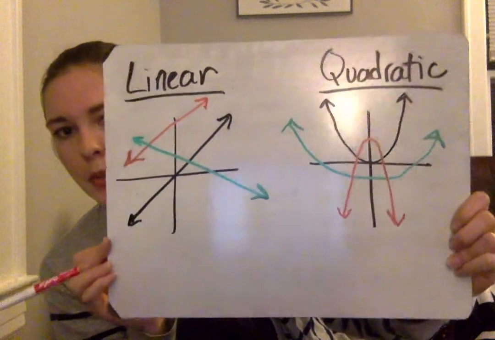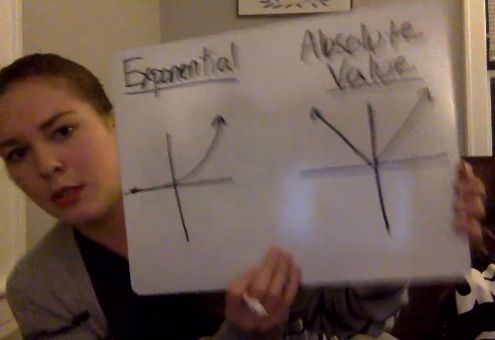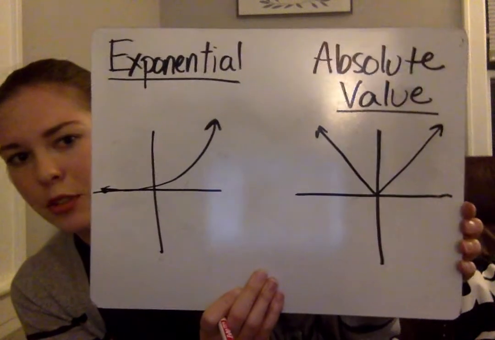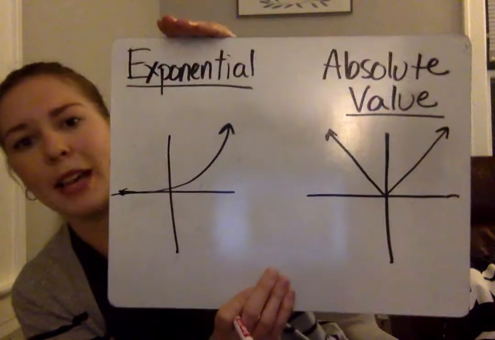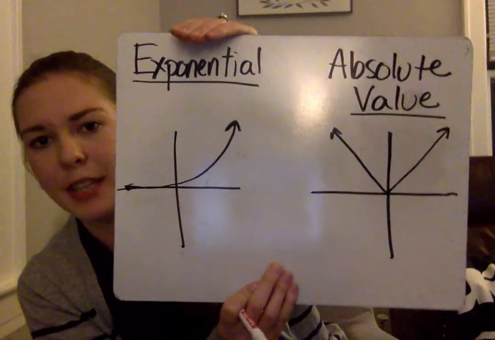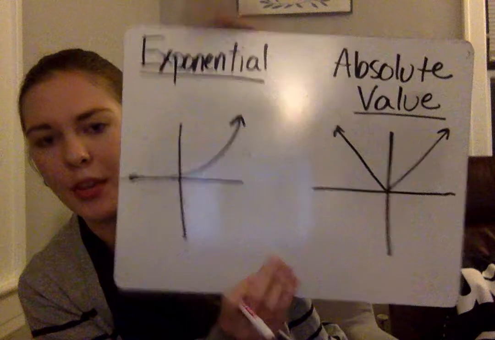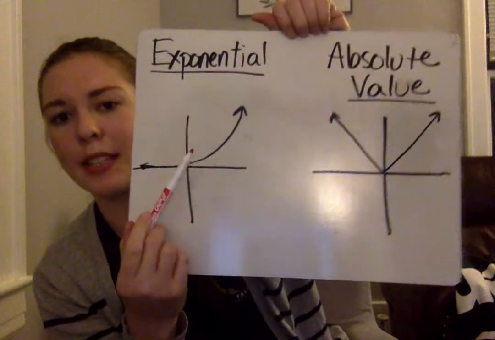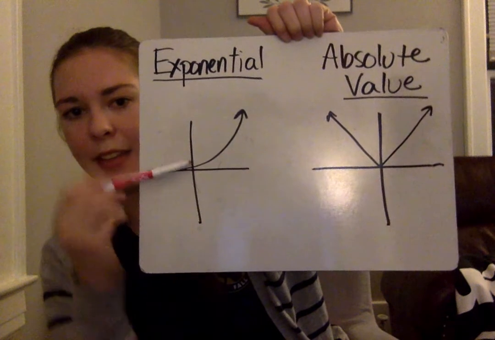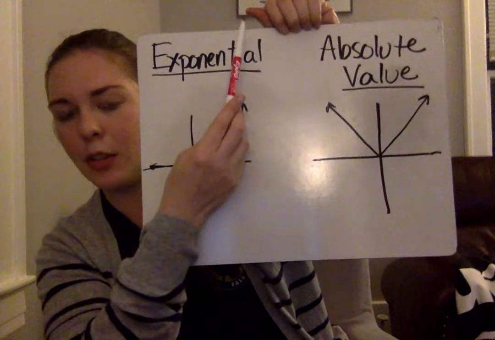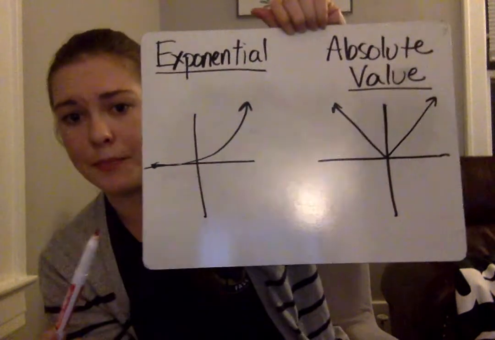Okay, so linear and quadratic are our first 2. Let's look at the next 2. Here we go. We have exponential and absolute value. So the exponential family has exponential growth. That means that it's increasing rapidly. So here we start pretty flat, and then we get this kind of steep hill going up pretty quickly.